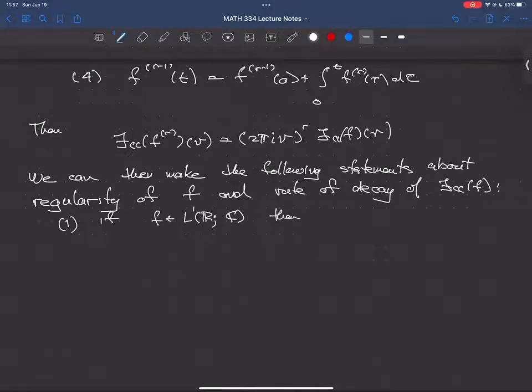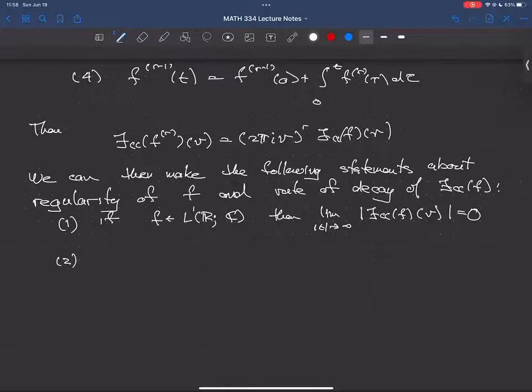Then what do you know? You know that the limit of the CCFT as nu goes to plus or minus infinity is 0. We know more than that, that it's also continuous, but I'm only interested in these rate of decay assertions here.